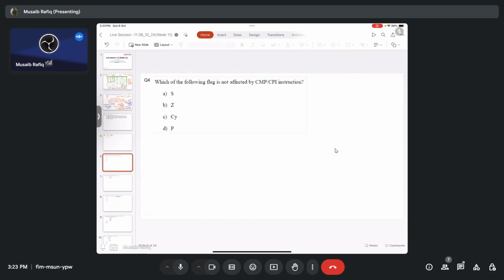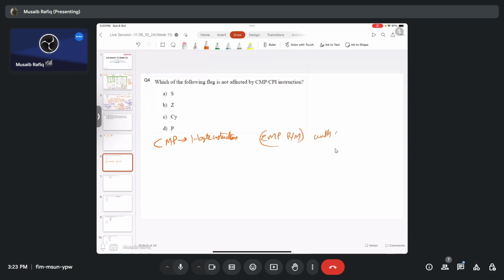When we talk about the CMP instruction, it is a 1 byte instruction, right? CMP R/M, where R is for register and M is for memory, with the accumulator. So it is a 1 byte instruction, as I already told.